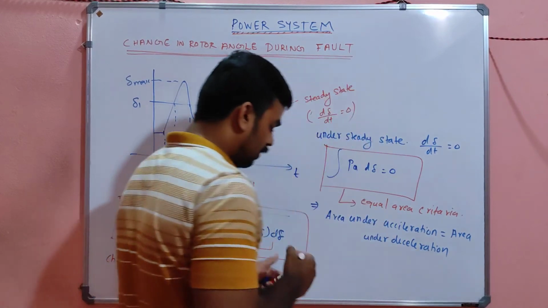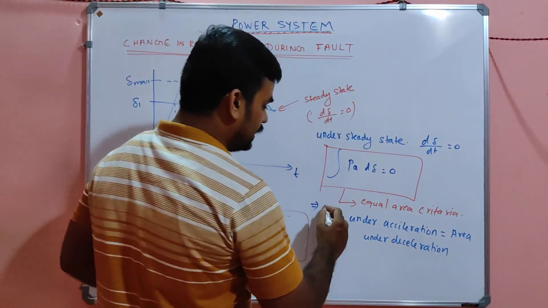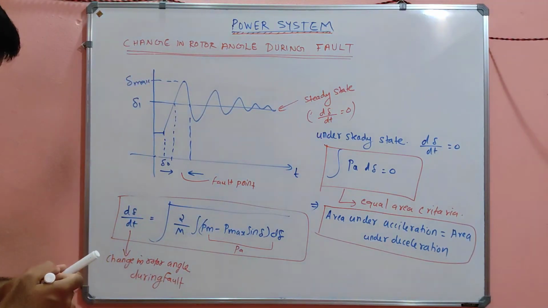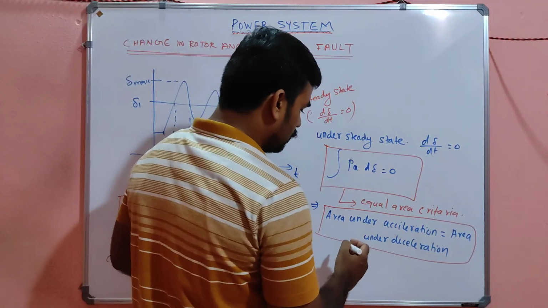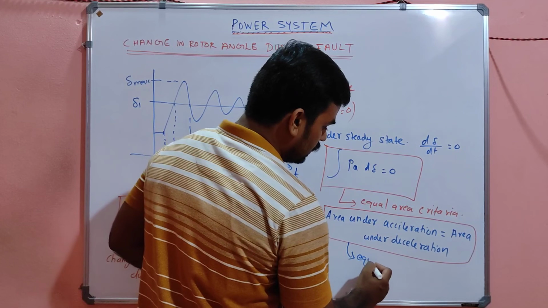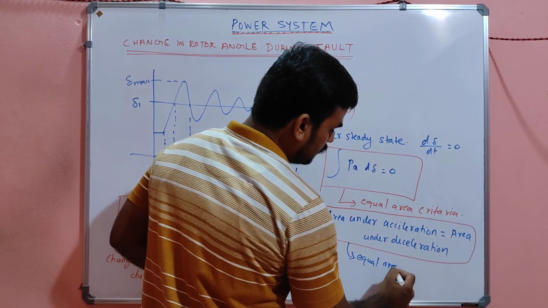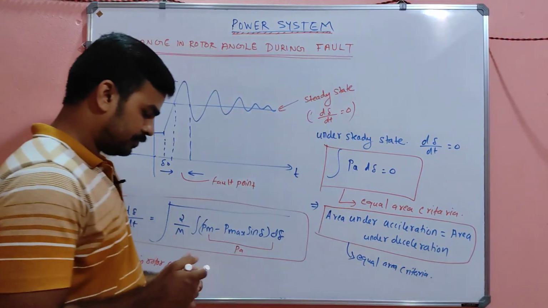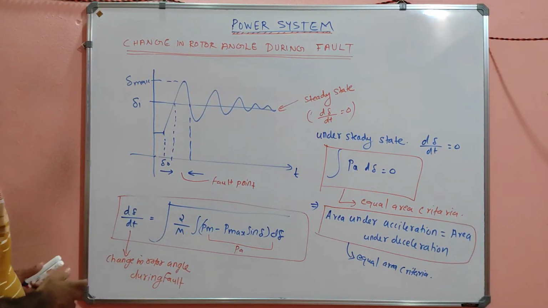So this is called the equal area criteria. Is it clear, my dear? Okay.